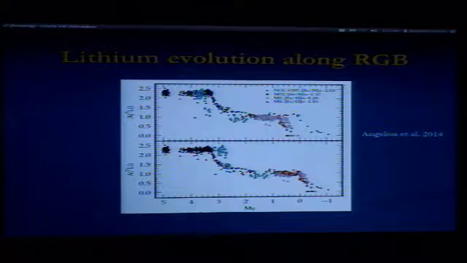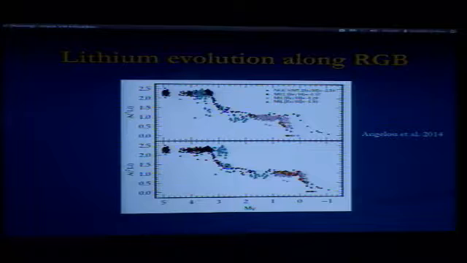Then there is another plateau, and then there is another fall down. This fall down happens at the bump, the RGB bump, that I told you about a couple of lectures ago. This is a change in the structure of the star that happens when the outward-propagating hydrogen shell burning meets the discontinuity that was left by the inner penetration of the convective envelope at the base of the subgiant branch.